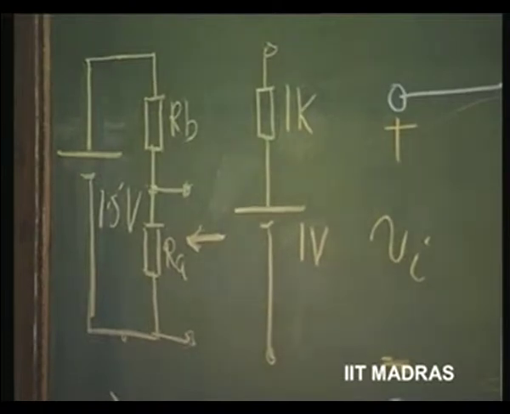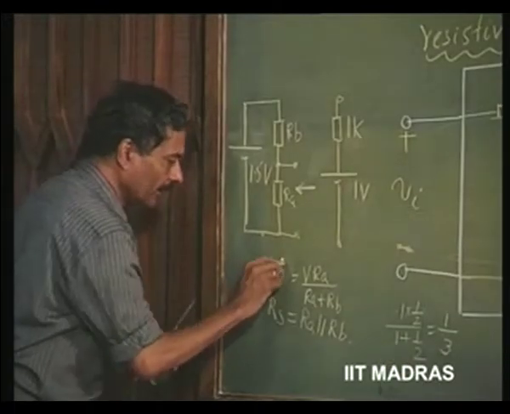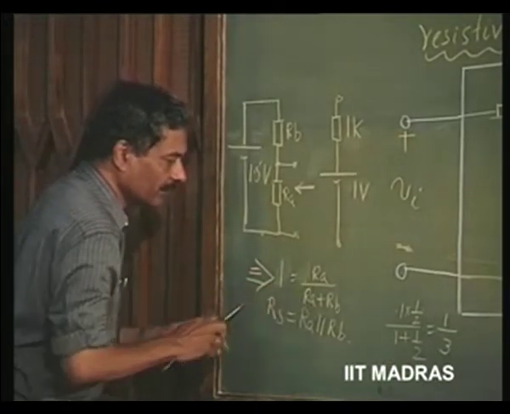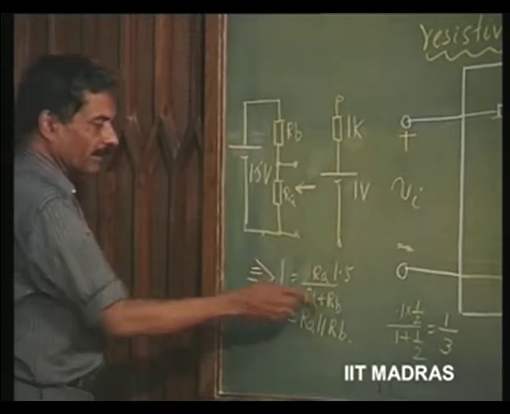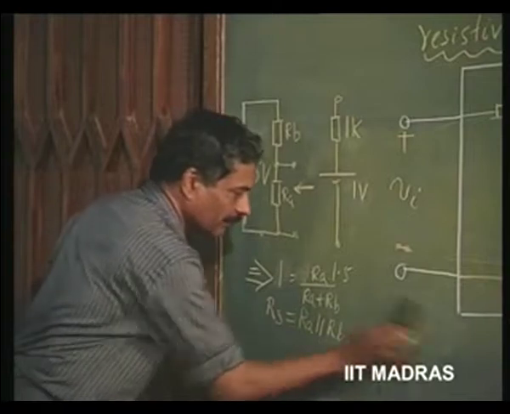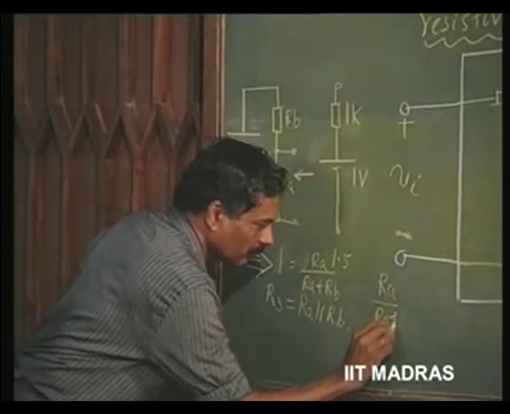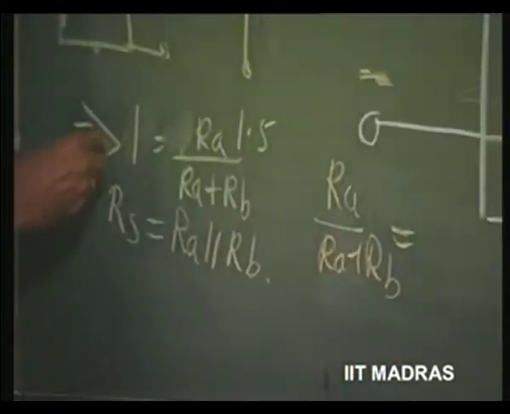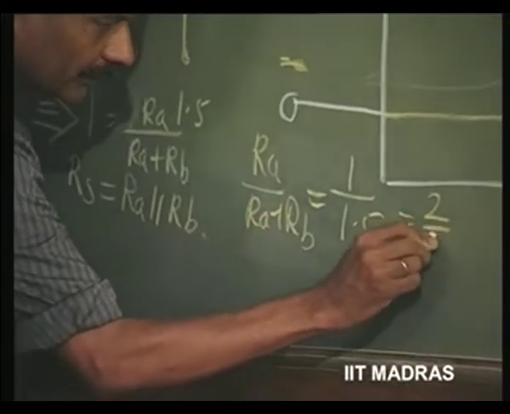So, given that this problem exists, we can now see that V dash is going to be 1 volt I want from V which is equal to 1.5 volts. So, you know that RA by RA plus RB therefore becomes equal to 1 by 1.5 or 2 by 3.